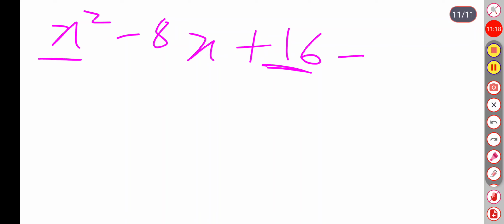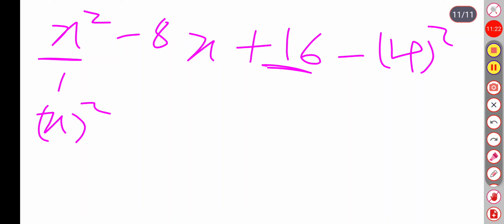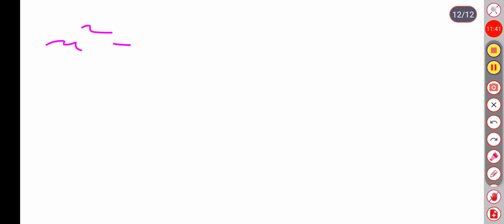So 16 is a perfect square, as we could write it as 4 square, and x square is a perfect square, as we could write it as x square. Then we should check if the middle term or any other term is negative. In this case it is negative 8x, so that is also correct.